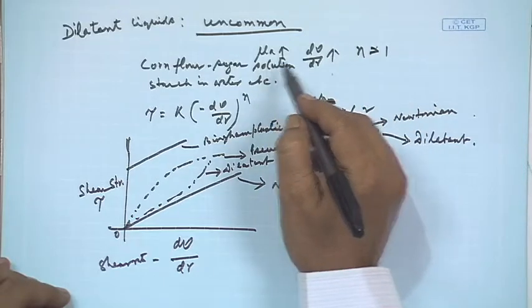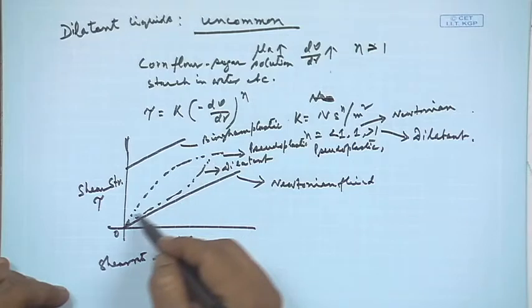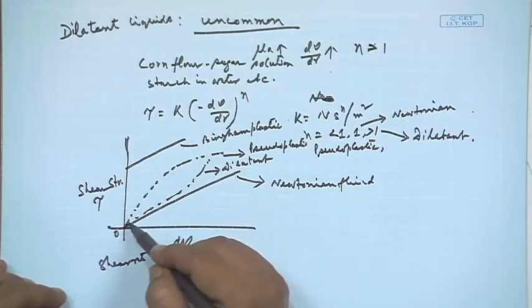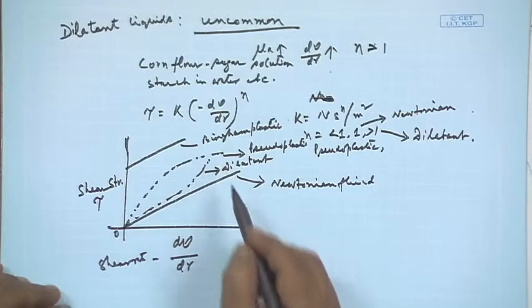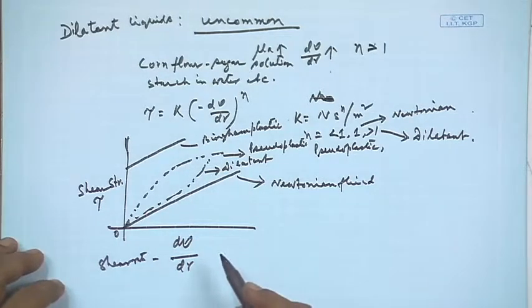It is very uncommon, right. So, this is the dilatant, and for pseudoplastic, which is less than 1, it first increases and then decreases, right. So, this type of flow behavior is there for the time independent fluids, right.